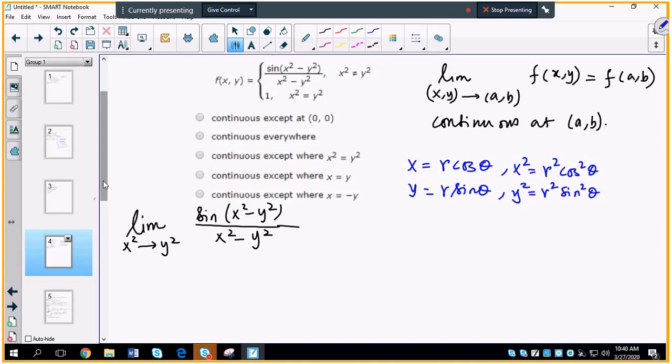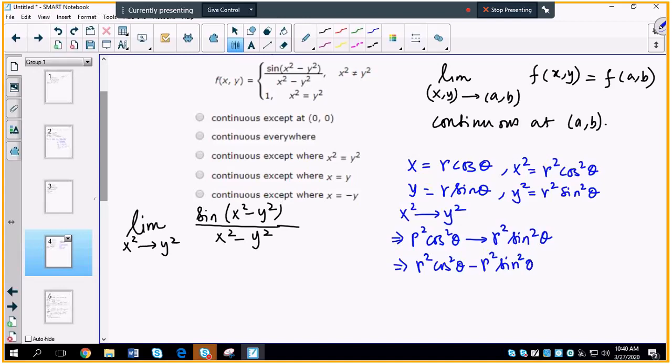Then I get to say that x squared approaching y squared implies r squared cosine squared theta is approaching r squared sine squared theta. So that means r squared cosine squared theta minus r squared sine squared theta.